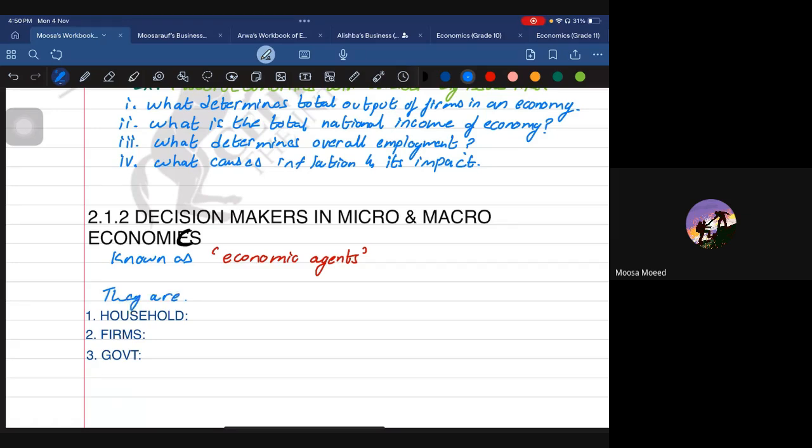They are households, which include consumers, savers, and workers. Then we have the firms, which produce goods and services.